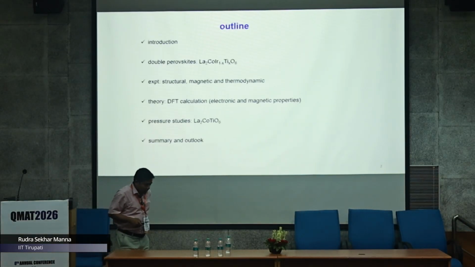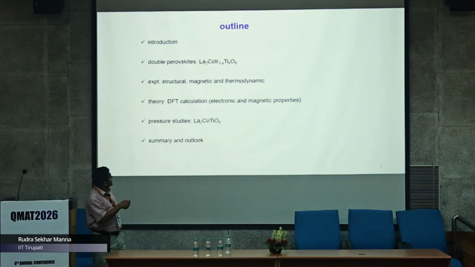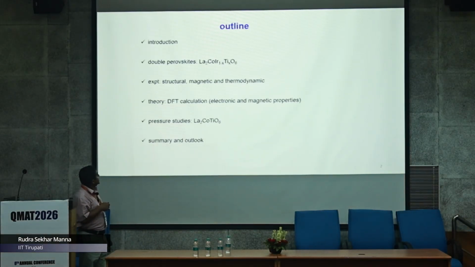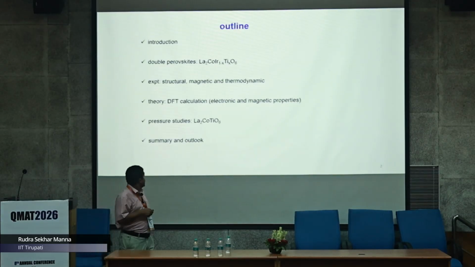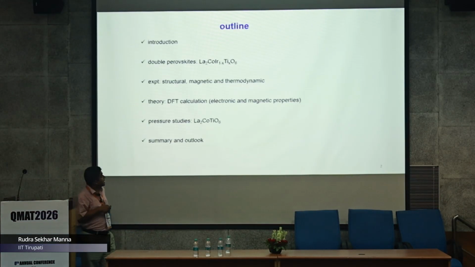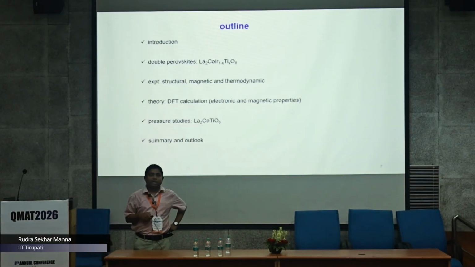So I'll first talk about the introduction to these materials, and especially a little more in detail about the materials which I'm going to talk about. And then from the experimental point of view, we did structural, magnetic, and thermodynamic measurements. We also did DFT to check their electronic and magnetic properties, both at ambient pressure as well as physical pressure.